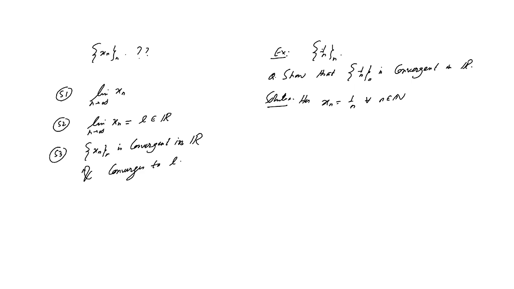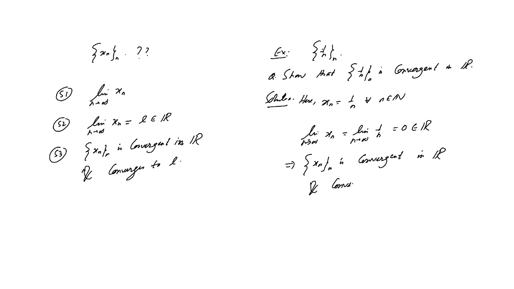Now you calculate limit n tending to infinity xn. What should be the limit? Limit n tending to infinity 1 by n is 0. And here L is a real number, 0 is also a real number. So the sequence xn is convergent in R and converges to 0.